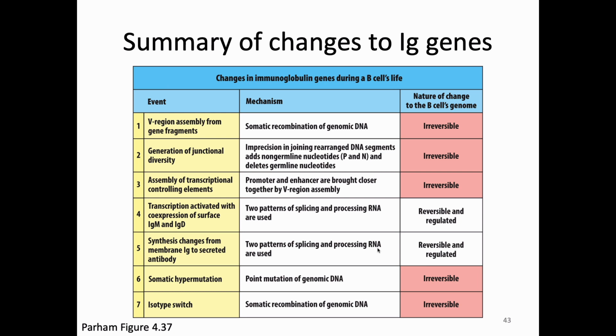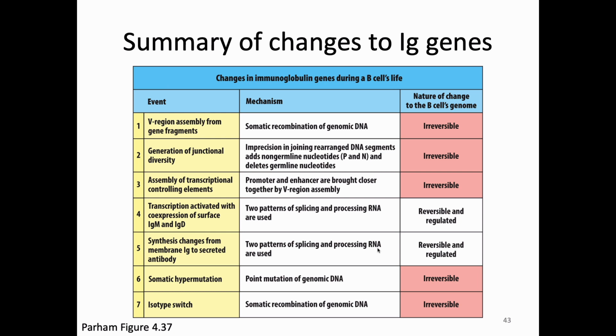We could actually have M and D made when that cell is first leaving the bone marrow based on RNA splicing, and so we can change that as we need to. We can also change whether or not we're making a secreted protein or a membrane-bound protein by changing the RNA. So again, that's reversible because neither of these things are affecting the DNA. They're both happening at the level of the RNA.